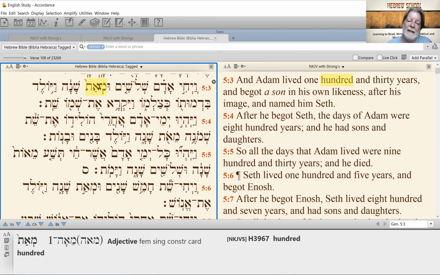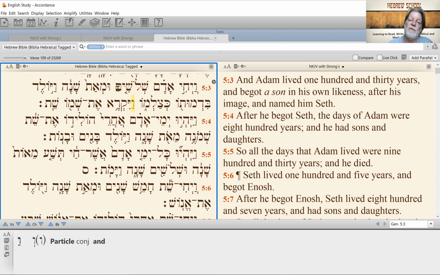and ma'at. Ma'at is the Hebrew word for 100. So this combination means 130. Adam lived 130. Shana is the Hebrew word for years. This is a singular, so you'd think 130, it would be the plural of years, but this is the singular version, and that's just the standard Hebrew arrangement there.